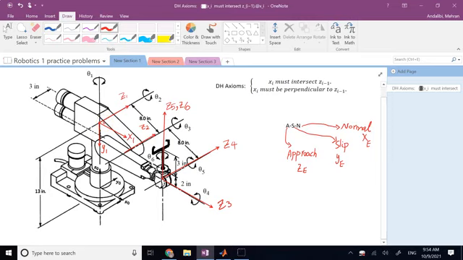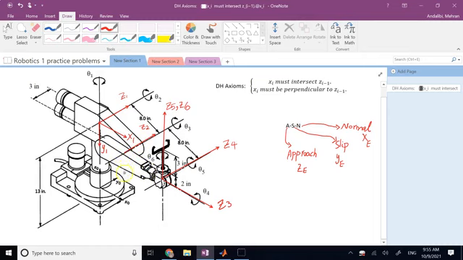Now we go to frame 2. If you look now, z1 and z2 are parallel. That means the origin of frame 2 can be selected anywhere arbitrarily along z2. And x2 has to be perpendicular to z1 as well as z2. So now you might say, well, can I select it to be something like y1?